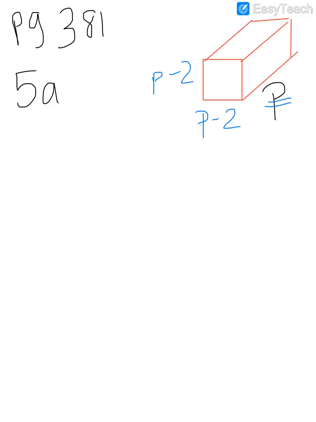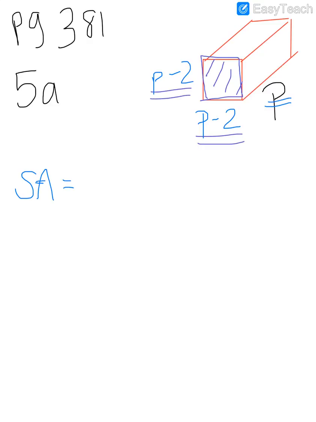Then it asks, what is the surface area of this rectangular prism? Surface area is imagining that this is a 3D shape and that you're painting it. So imagine that this square here, we're going to paint it purple. How would you calculate the area of this square? Hopefully you'd say the area of the square is length times width, so p minus 2 times p minus 2.